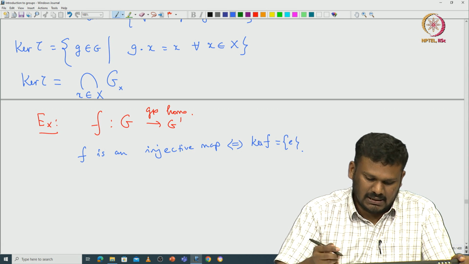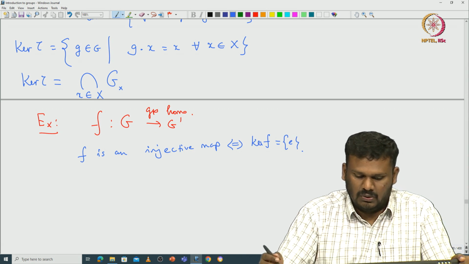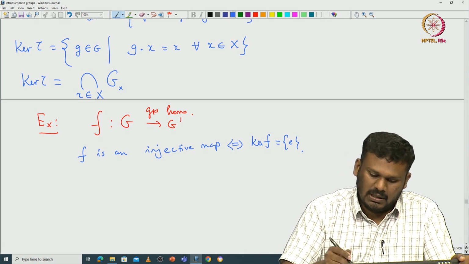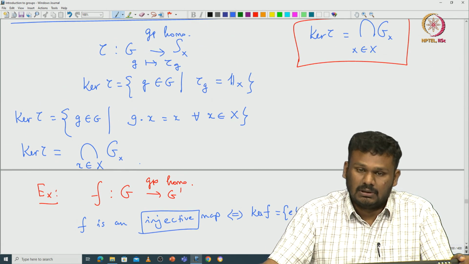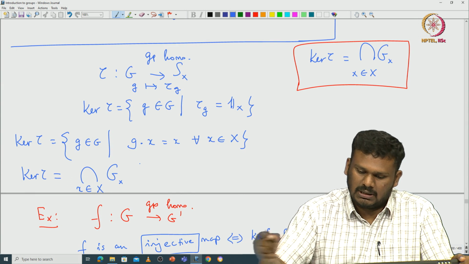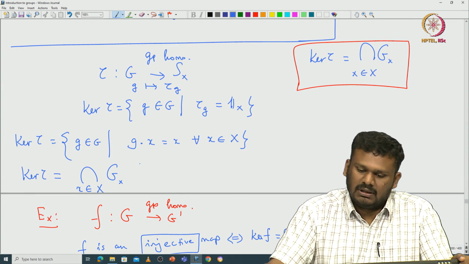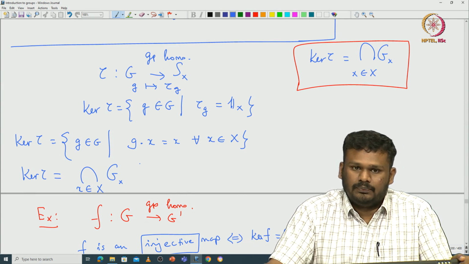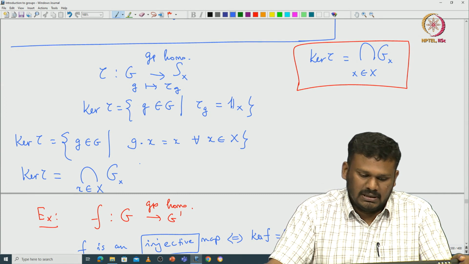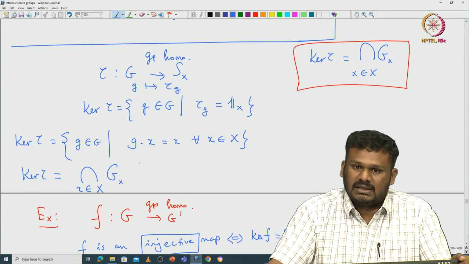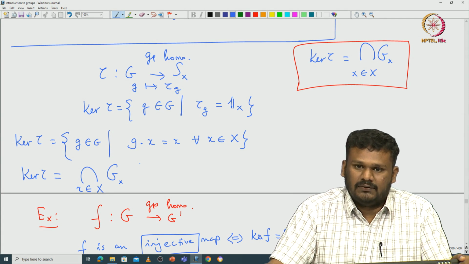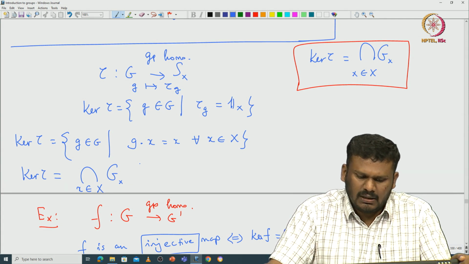One can take this as the definition of injective map when dealing with group homomorphisms. This is very easy to check. In particular, if the kernel of this group action is trivial, then G is embedded inside S_X. This is a very important phenomenon.